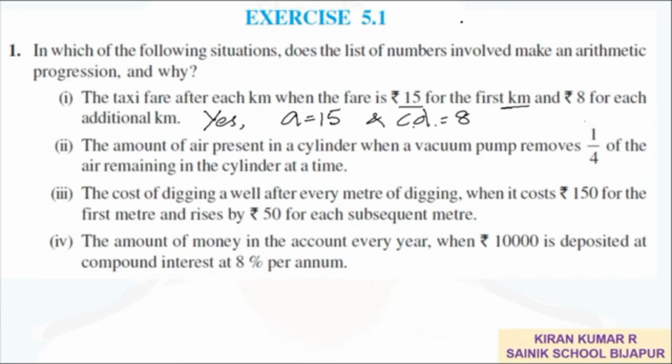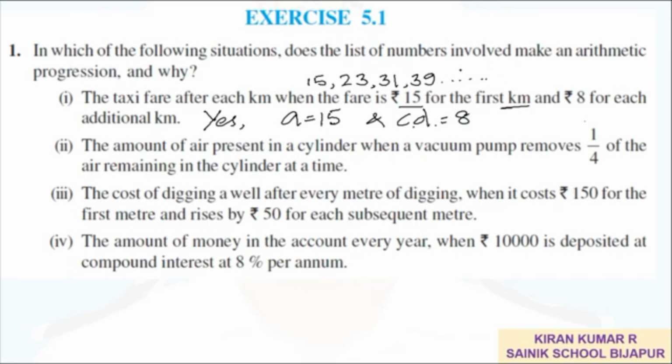The next term would become 15 plus 2 times 8. Here, each time there is a difference of 8 rupees. So the first one is 15 and the second one is 23. The next one is 31. The next one is 39, and so on.